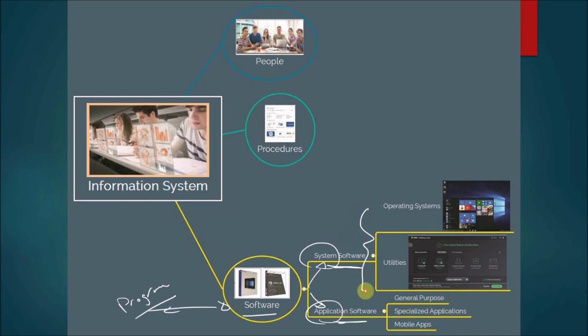Within system, we have operating systems and utilities. As you can see here, this is a picture of Windows 10. It's an operating system. And this, if you can see it, is actually an antivirus program called AVG. It's a utility.